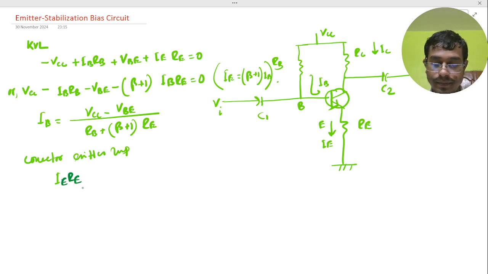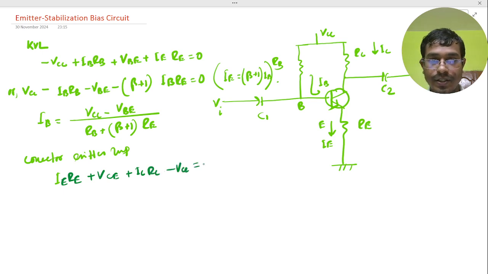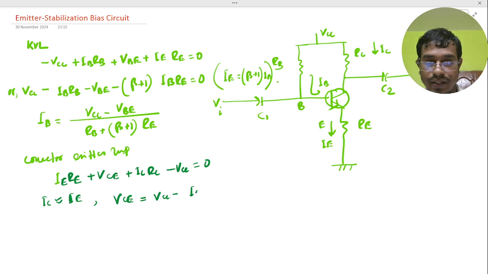VCE plus IC RC minus VCC is equal to 0, and here we assume IC is nearly equal to IE, so VCE is equal to VCC minus IC times (RC plus RE).